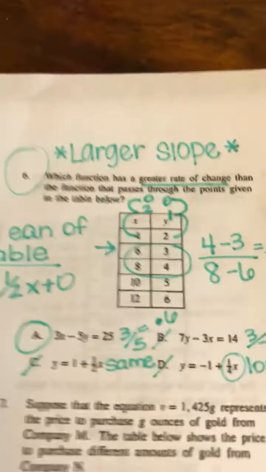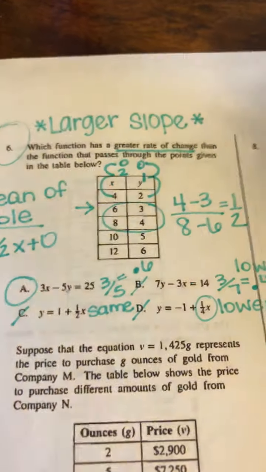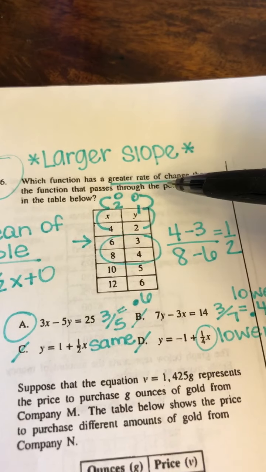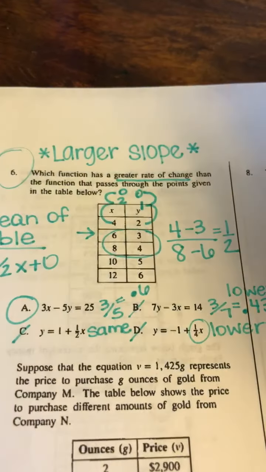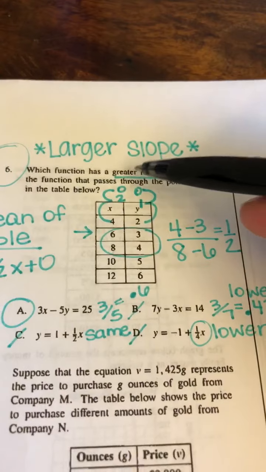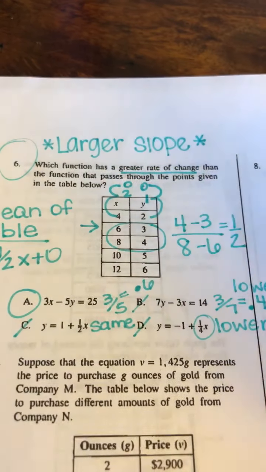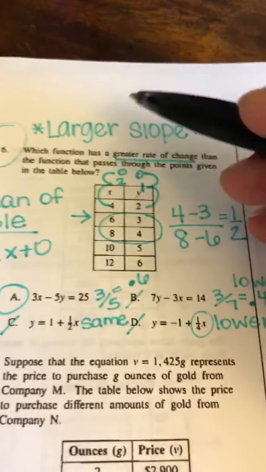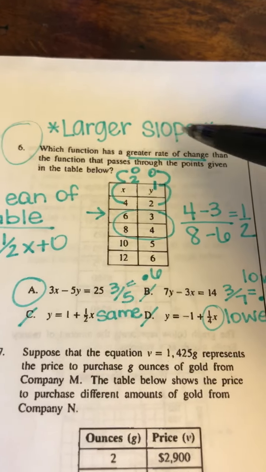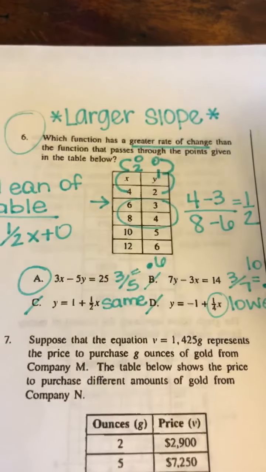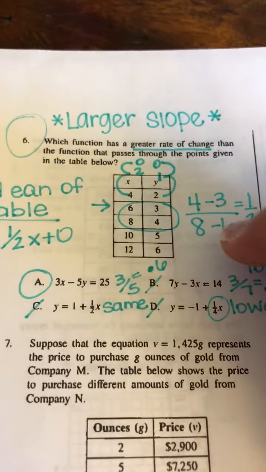So things that I get caught up on is the words. When I see something that really is going to make or break my answer, like the greater rate of change, it's not asking you for this rate of change. It's asking you for the greater rate of change, which would mean which one of these has a larger slope than the one that you have.